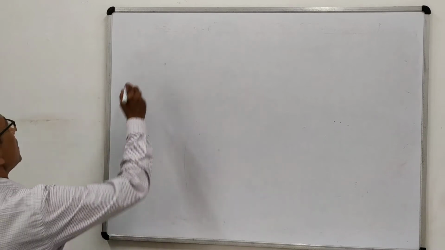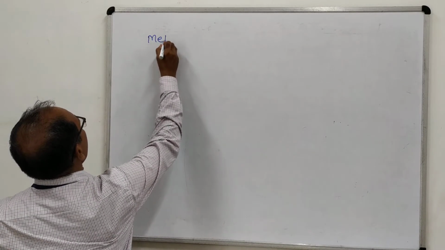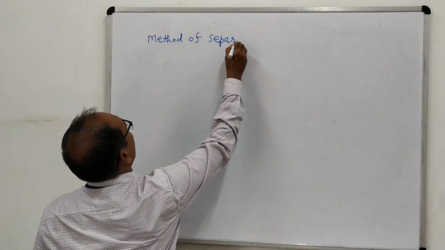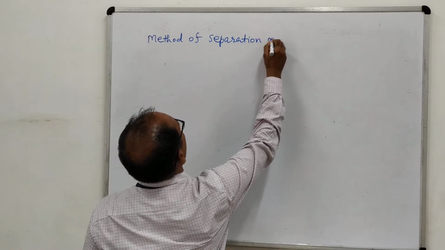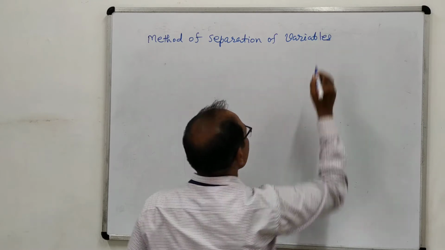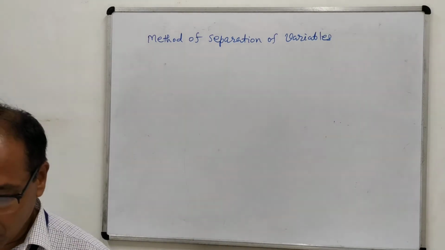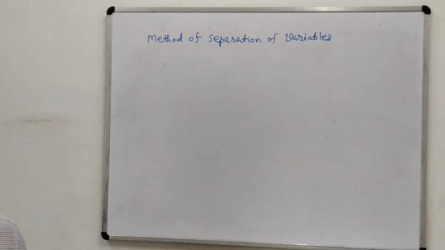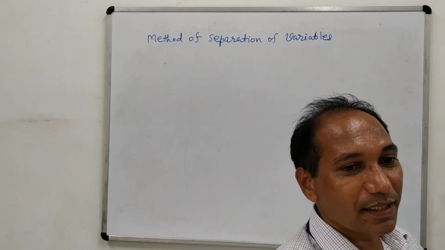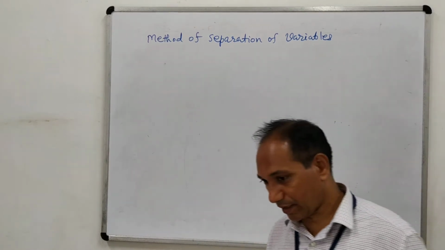So now here the equations which we want to see are partial differential equations, and the method is of separation of variables. This method is very much important because some of the problems you can solve by using this technique very simply, and this technique is very simple to understand and to digest yourself.